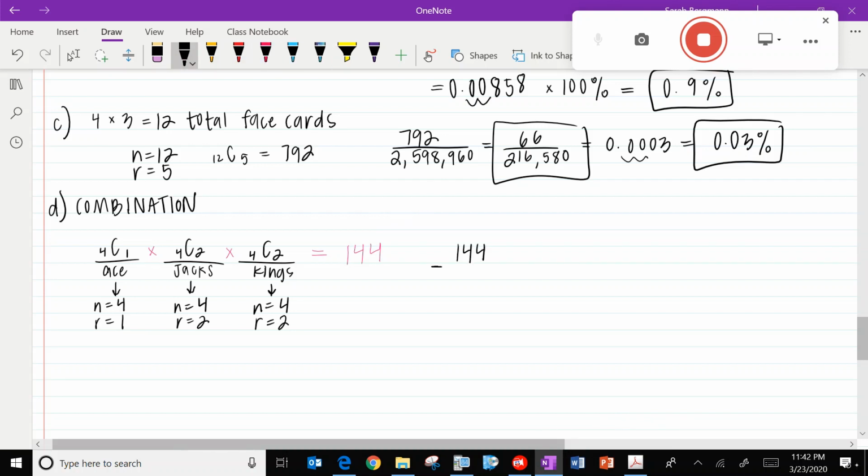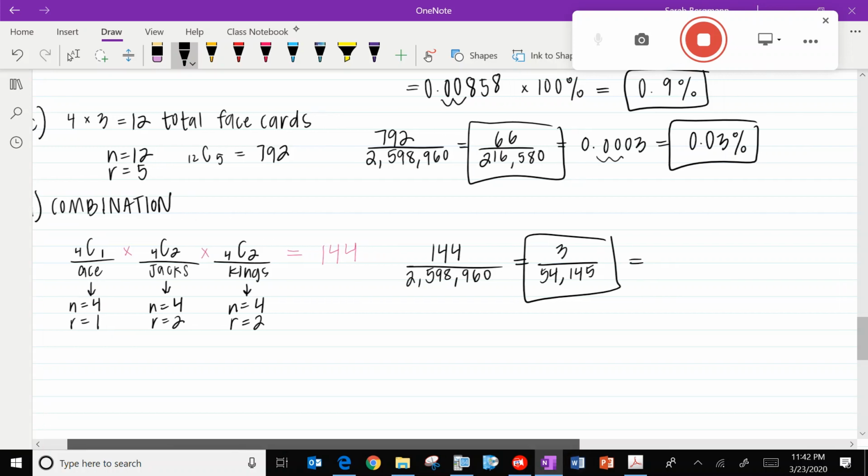So I have 144 over my total number of outcomes, which was 2,598,000, that answer from Part A. That reduces to 3 over 54,145. That's a good answer if you have your number reduced.